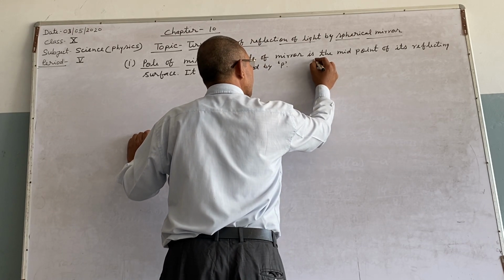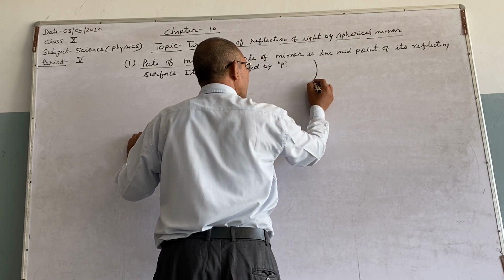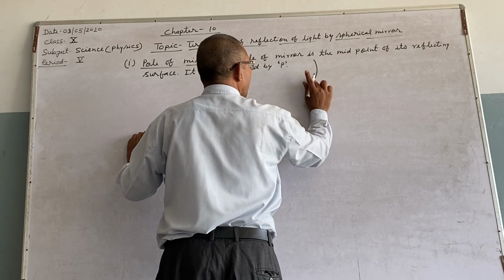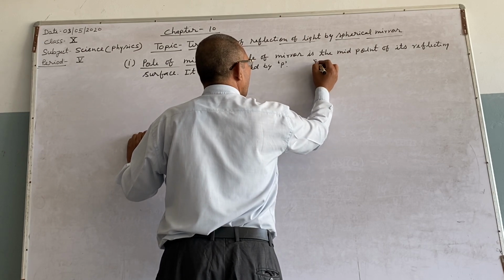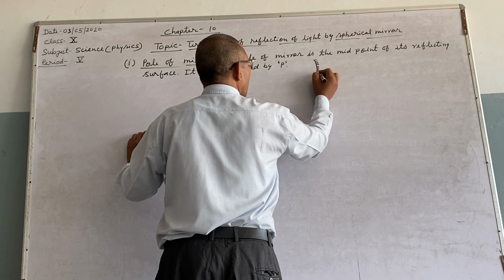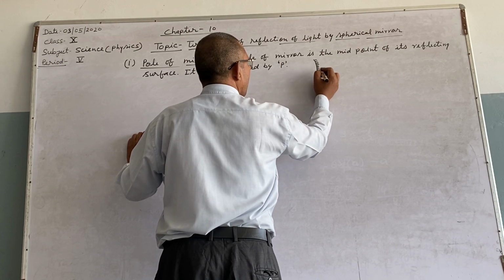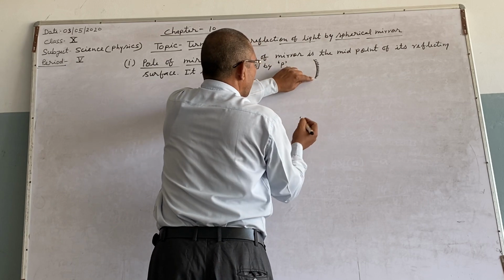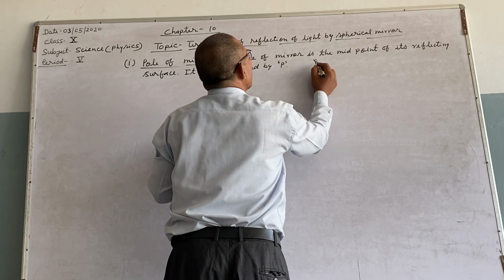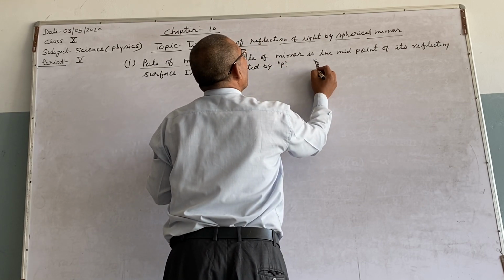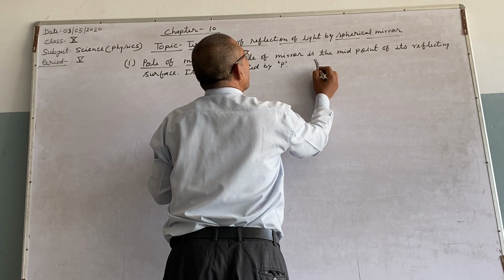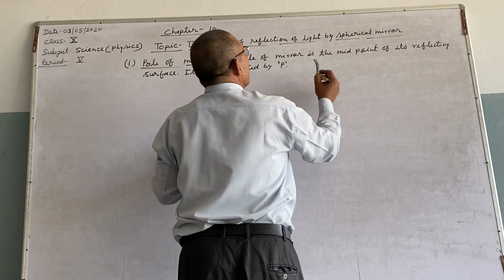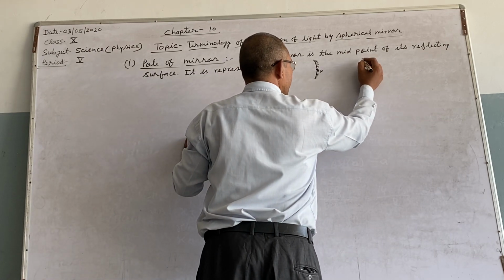Here, this is the concave mirror. So here the midpoint of the mirror, that is this one, point P. Point P is the pole.